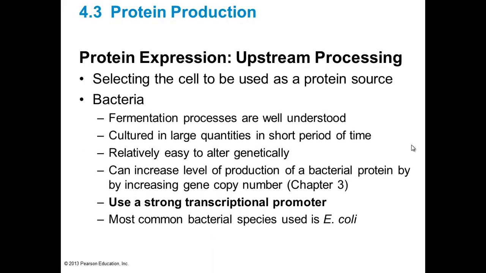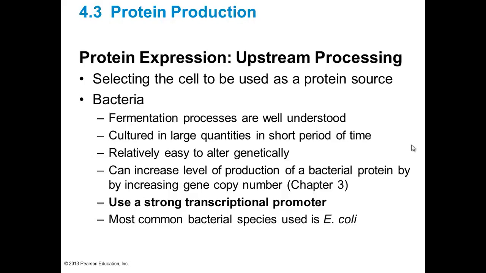Okay, so bacteria are easy. The fermentation processes are well understood. It doesn't take a lot of time to get a large amount of cells. You can very easily genetically modify them, just simple techniques that you could probably do in your own garage.